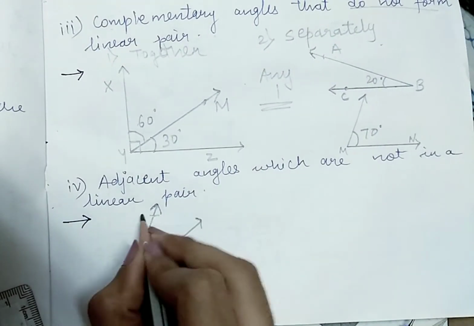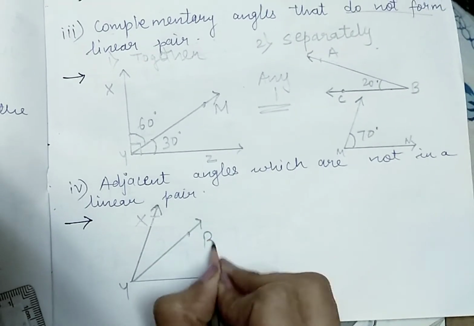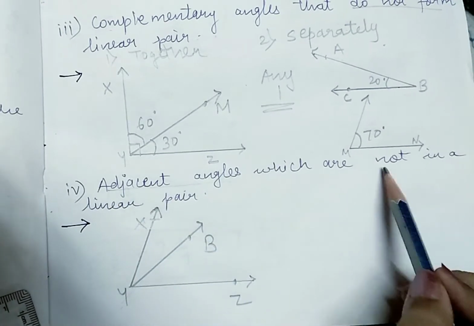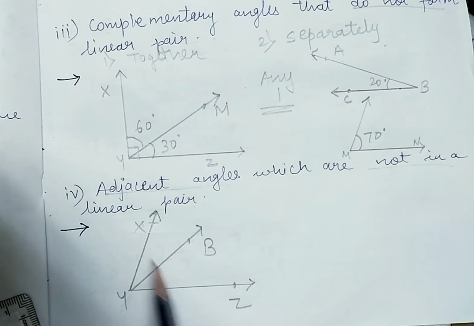Okay, so X, Y, Z and B. So XYB and BYZ, they are adjacent angles and they are not forming a linear pair.